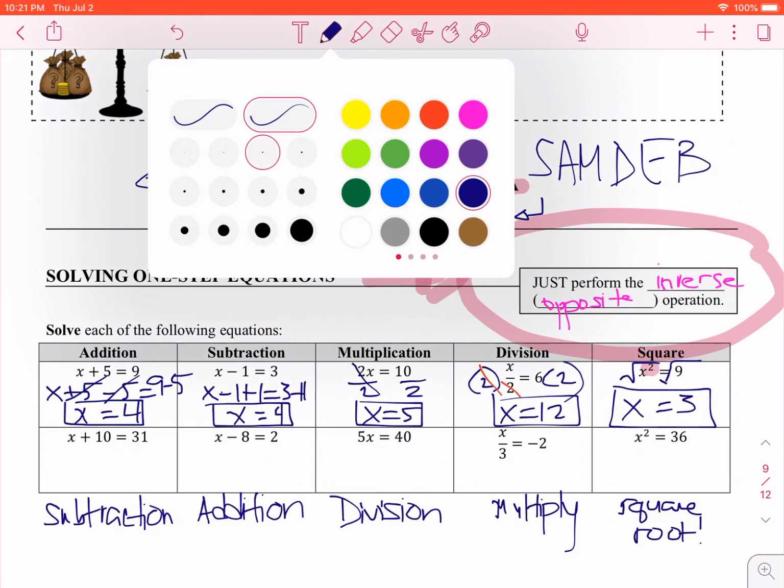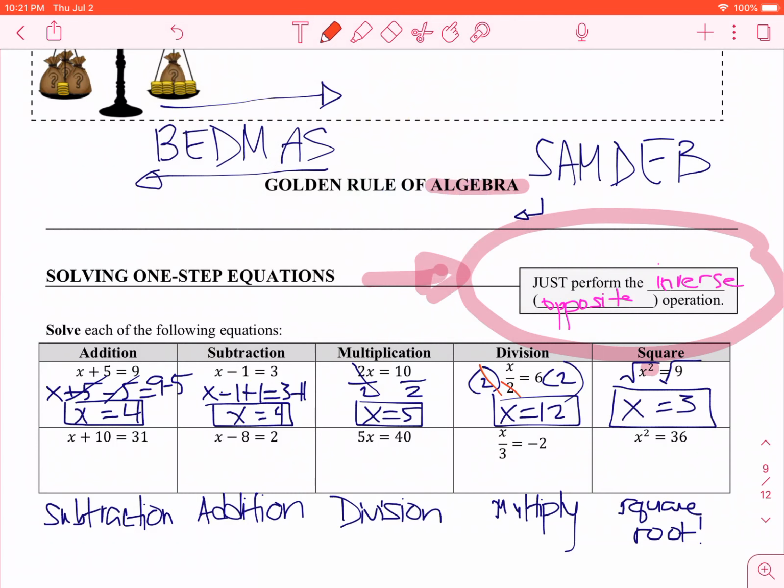Another way you can also do it is, I call it the wall method. Think of that equal sign as a very special wall, and anytime any terms cross that wall, whether it's going from the left to the right or the right to the left, it changes its operative sign. So for instance, if I want to do the addition example, I'm going to take this plus 10, I'm going to isolate for x.